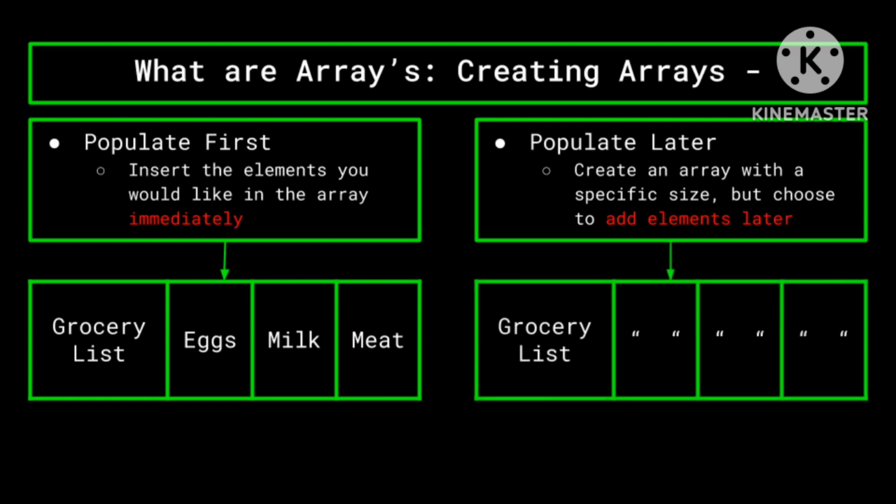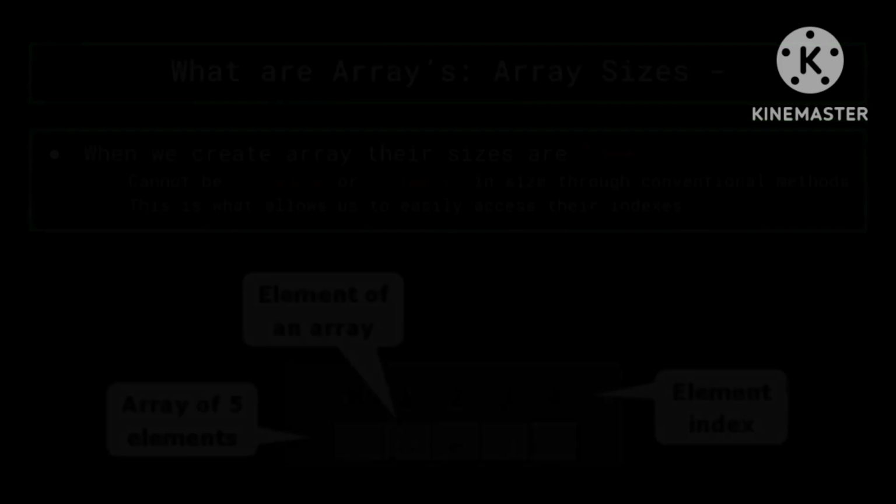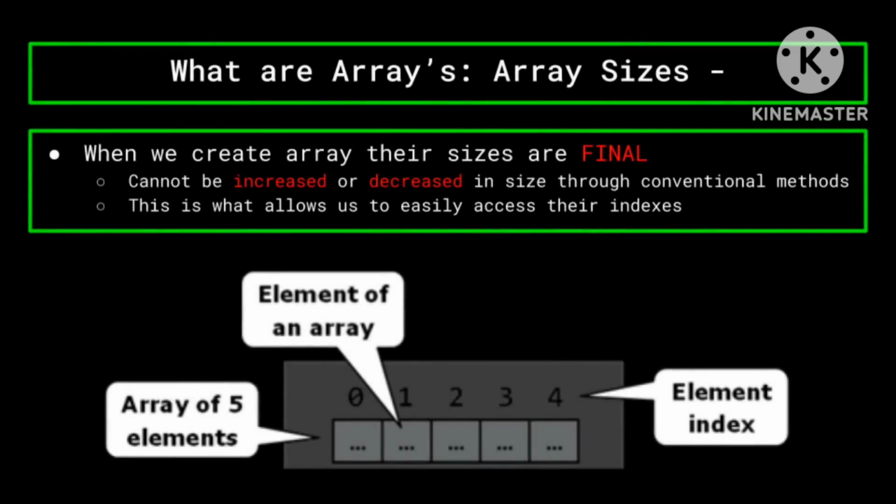This is because when we initialize an array, it creates a space in memory that has the size of exactly what you give it, no more and no less. This is great for when we want to access elements in the array because we can do so instantaneously because the computer knows exactly where in memory the array is stored. But the one downside is that we can't increase the size of the array later on. All array sizes are final.